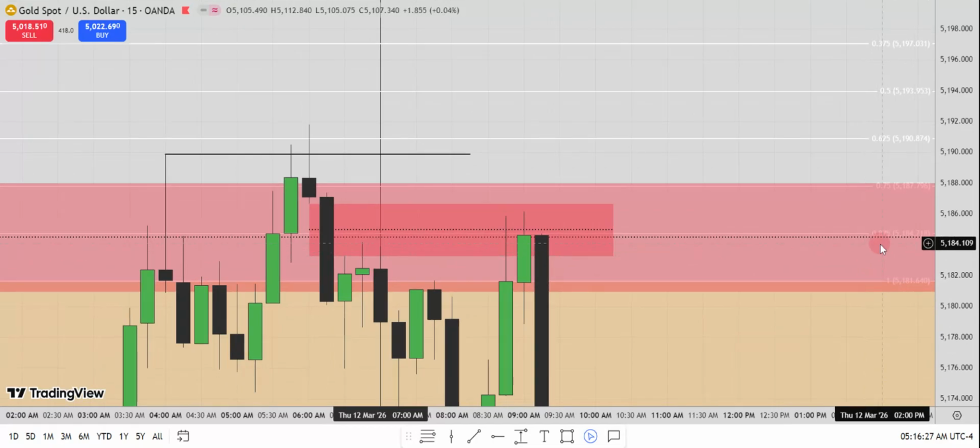We have all of these levels here piling up, and then you don't even understand what you want to do with all of these levels. Do you see these here? And by the way, if you are choosing your fair value gaps and your order blocks just at random times and at random areas, you're messing up.